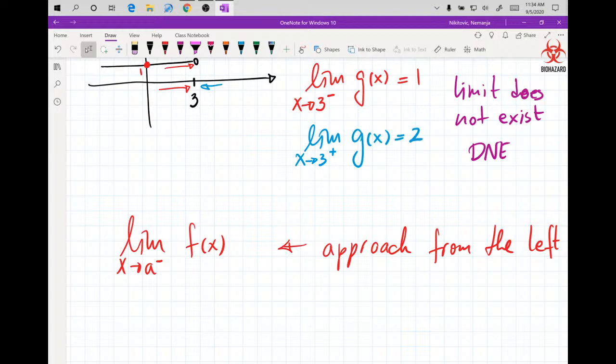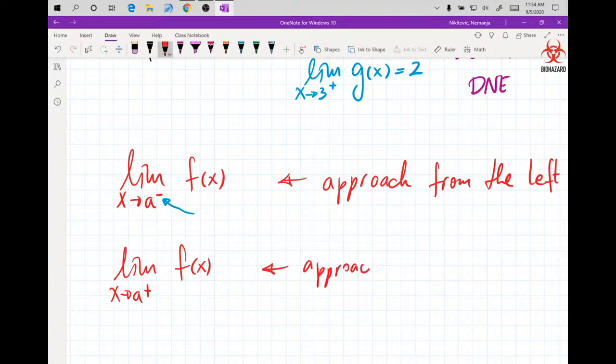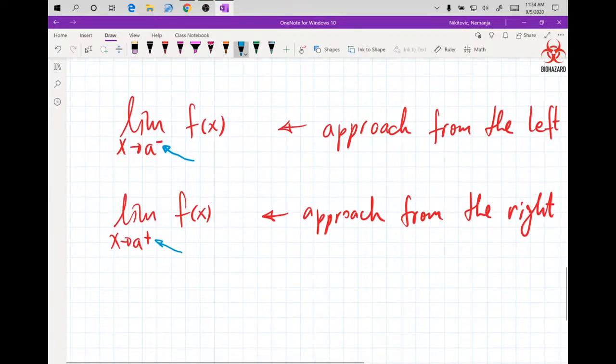And I'm just going to point with blue into that minus. Then I write limit of f of x as x goes to a plus, approach from the right. And I'll point into the plus. Okay.